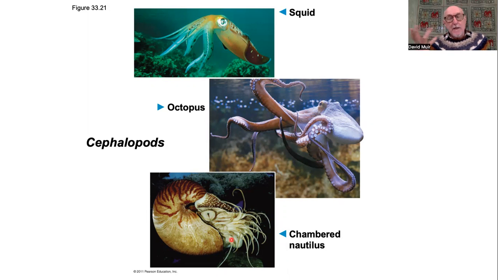They spend their day in deep waters in tropical systems, or usually off tropical reefs. And these are the chambered nautilus. One of the more primitive of the cephalopods.